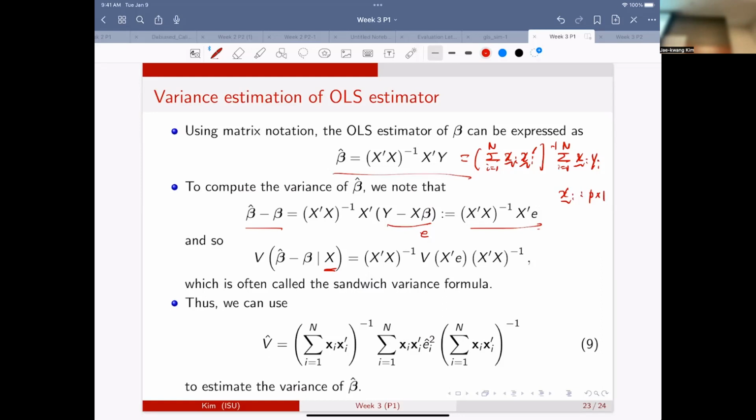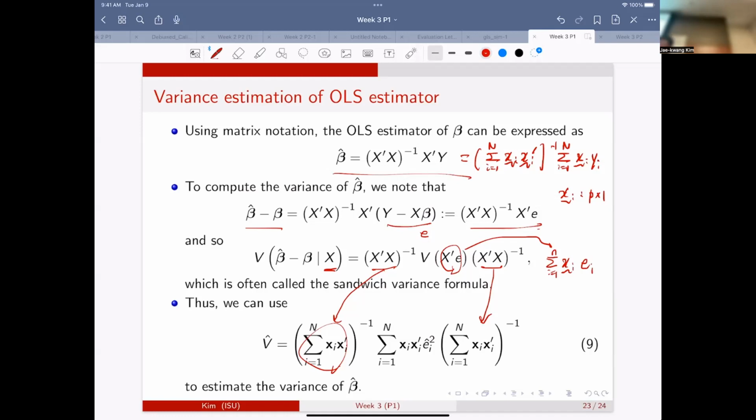You sum over them and it is still P by P. That's why this one is equal to this one. And this guy can be written as the sum over i equal to 1 to n of xi times ei. This is a column vector. Ei is a scalar, but xi is a vector.